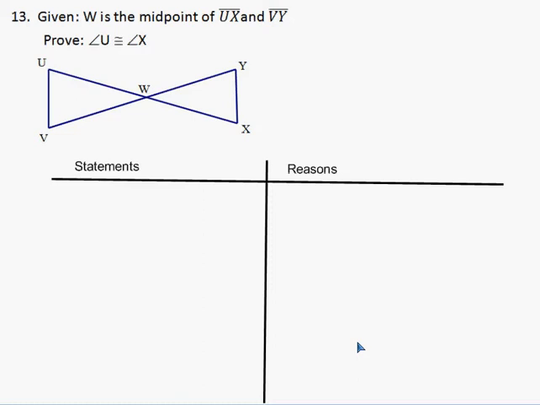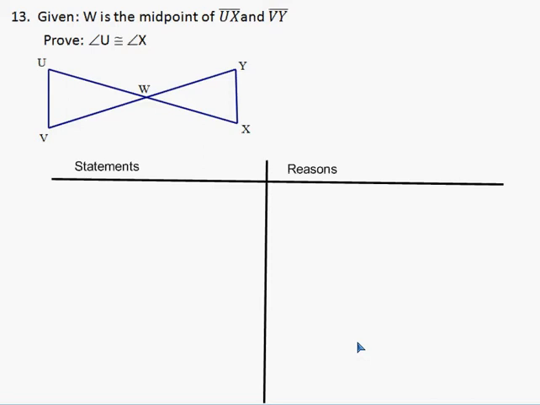In this one we have a couple triangles in the figure, and we want to prove that two things are congruent. So when we notice this, a lot of times what we want to do is prove the triangles are congruent, and then once we know the triangles are congruent, we'll know those corresponding parts are congruent.